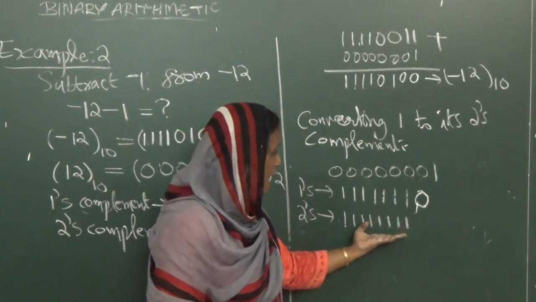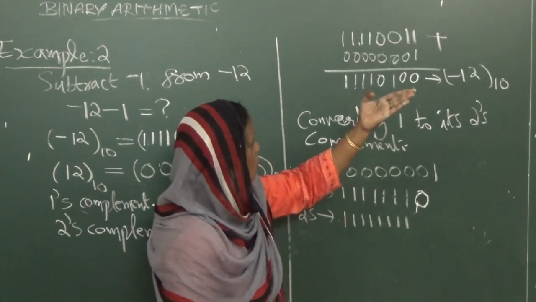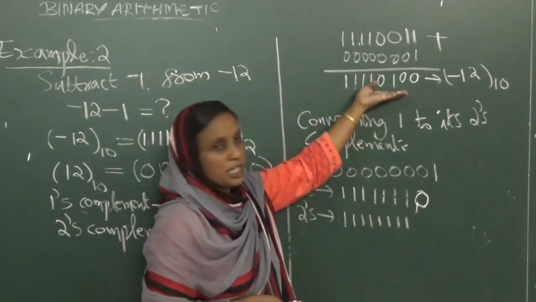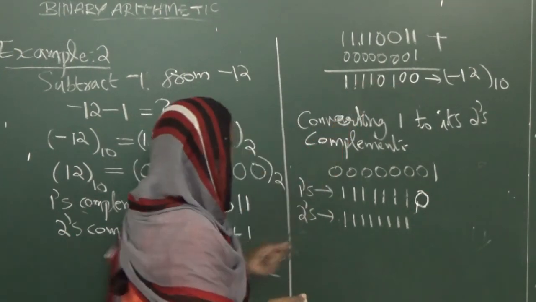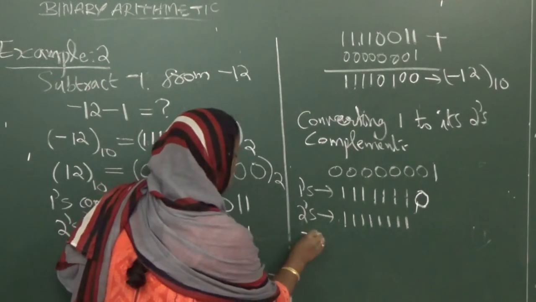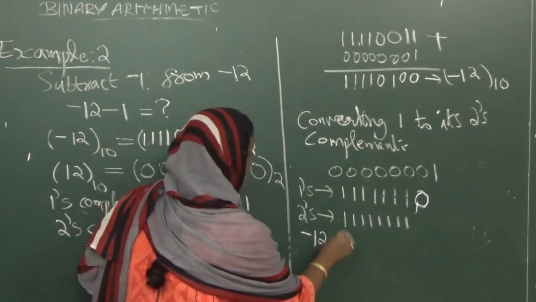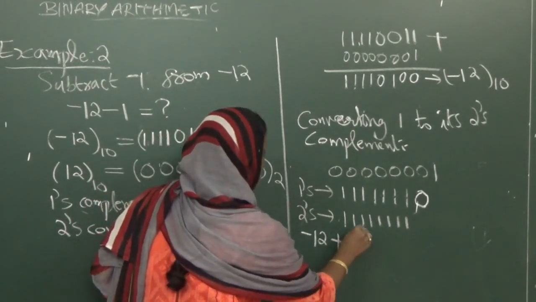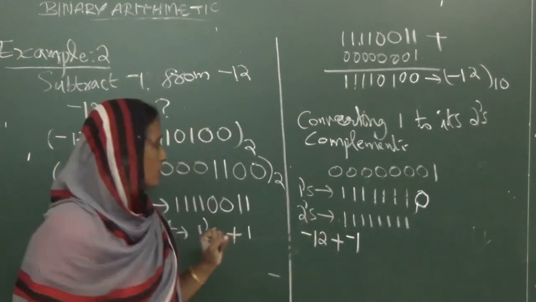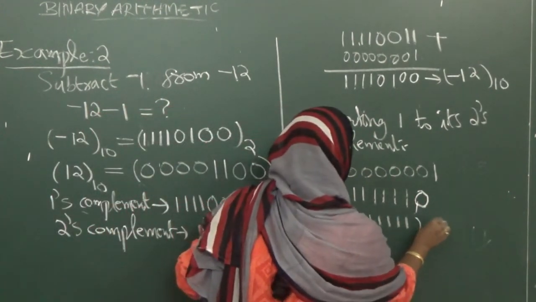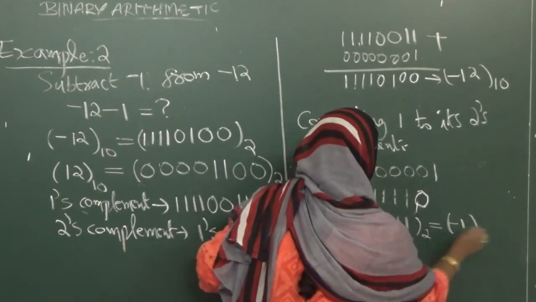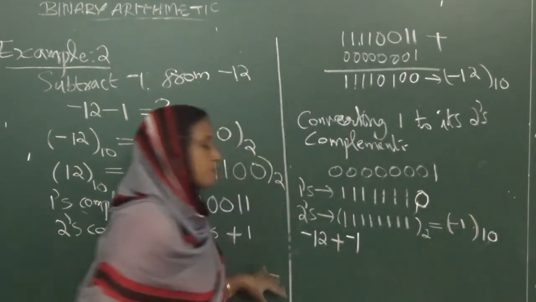Now we want to add this to this number, minus 12. Okay, so we have to perform minus 12 plus minus 1. This is equivalent to minus 1 in decimal system.